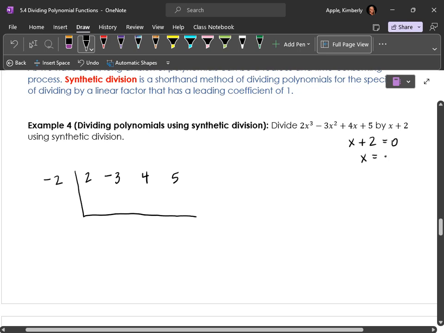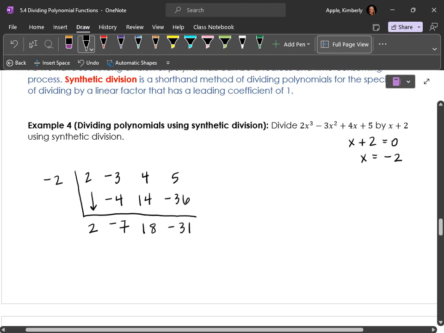And so that's going to be x equals -2, and that's what goes out here. So then we just bring down the first thing, that's 2. Then we multiply. -4, add. -7, multiply again, that's 14. Add, that would be 18. Multiply -36, and add, that would be -31.